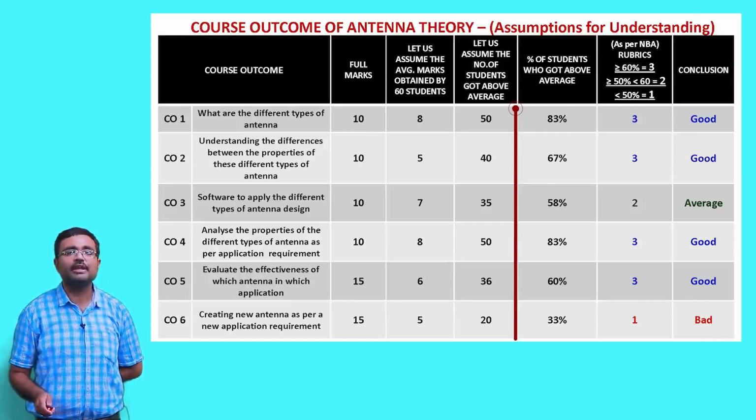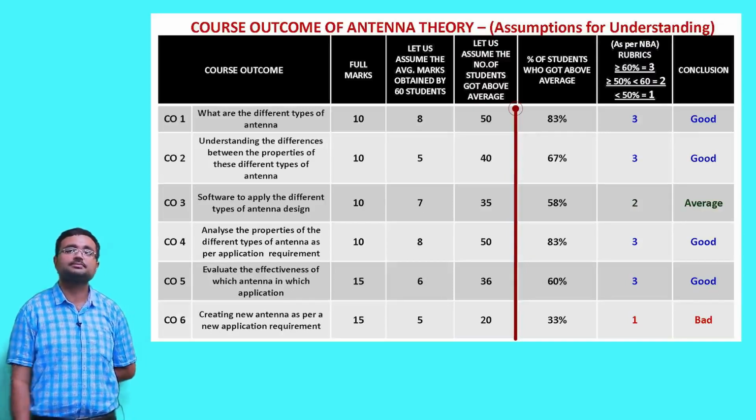Say for example, 36 students out of 60 have got above the average 6 marks in CO5, and 20 students out of 60 have got above the average 5 marks in CO6.